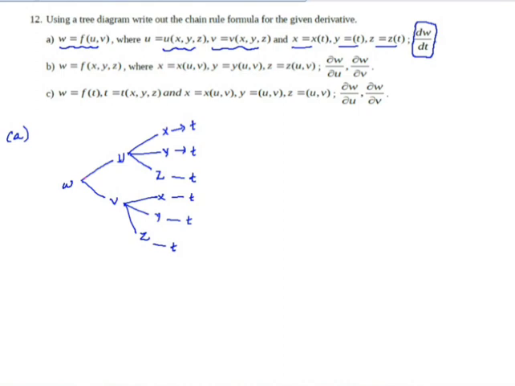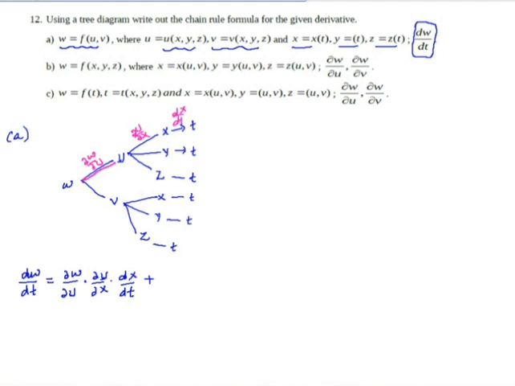So dw by dt is equivalent to the partial derivative of w with respect to u, and u with respect to x, and dx by dt. This is one path. Along this path, we take the partial derivative of w with respect to u, then u with respect to x, and here, for the function of one variable, we have dx by dt.